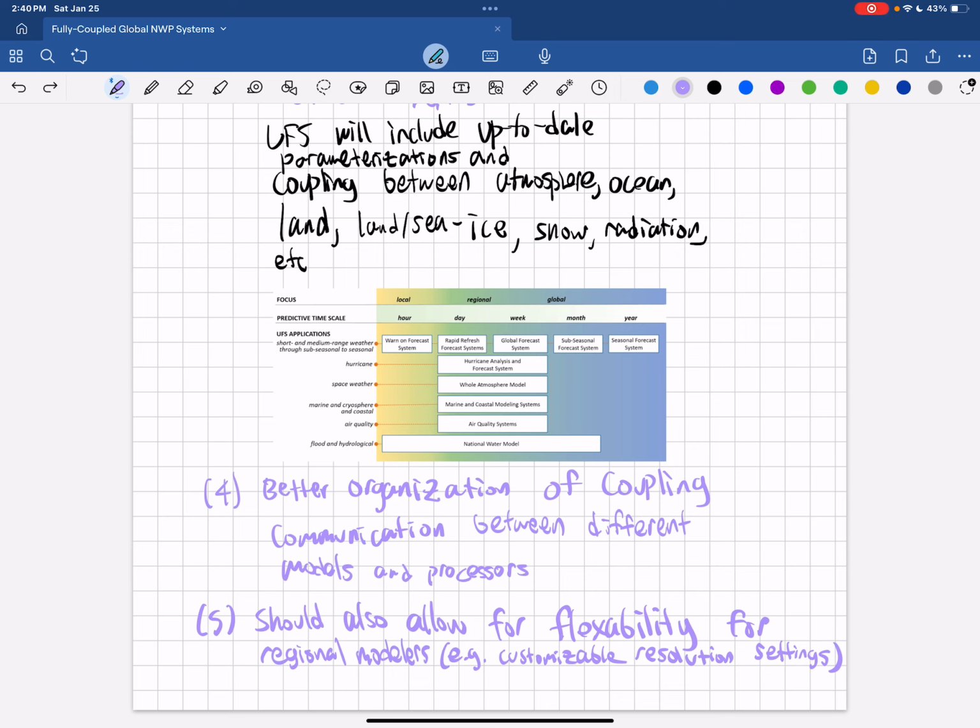I think in order to have all the models on there, it requires a lot of different code. But I think a better way of doing this is to make it so the coupler can simply run another model.